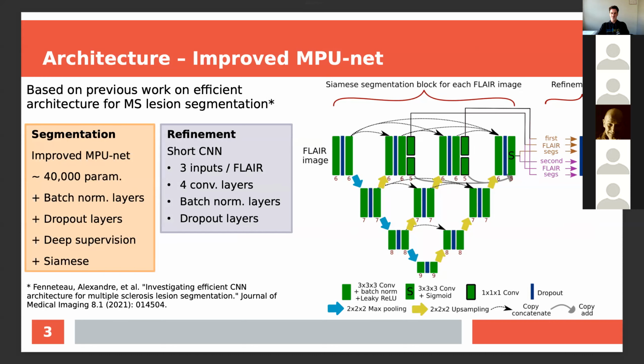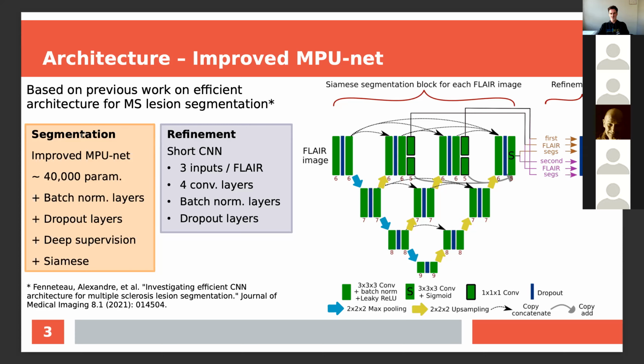The main idea behind this architecture is to first do the segmentation of lesions with the first segmentation block, then concatenate all those segmentations and give them to the refinement block. But because we're working with deep learning, we can't ensure this is how it works, but we have something that does some segmentation of multiple sclerosis lesions.